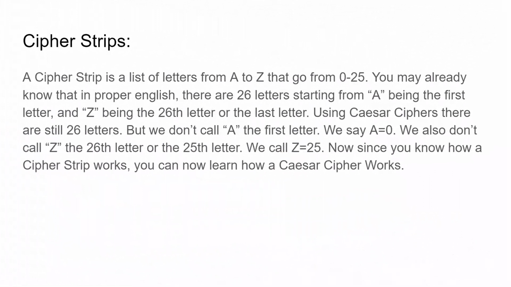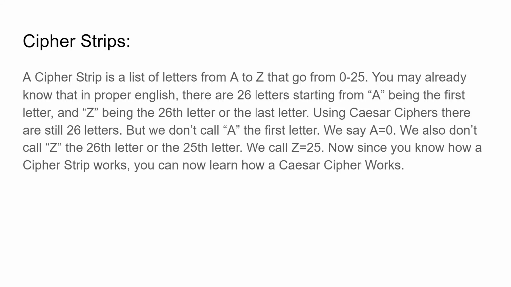Using Caesar ciphers, there are still 26 letters, but we don't call A the first letter. We say A equals 0. We also don't call Z the 26th letter. Instead, we call Z equals 25.